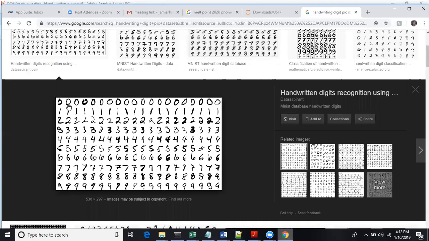Okay, so see, these are the individual digits. Every single one requires 64 dimensions, 8 by 8 pixels, to represent it.